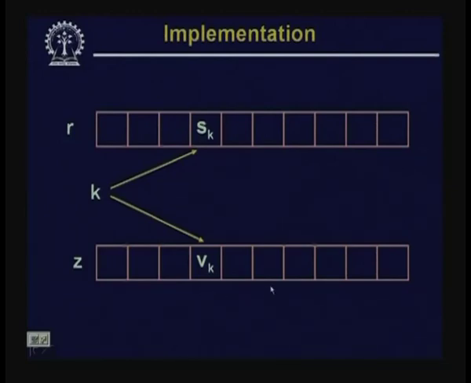Now, in the first case it is very simple, I know the value of r_k, so I can find out the corresponding value of s_k from this array. But the second one is an inverse operation. I know s_k, or as we have equated s_k to v_k, I know what v_k is. Now, from this v_k, I have to find out the corresponding value z_k. So, this is an inverse problem, and to solve it we have to go for an iterative solution approach. We can obtain the iterative solution in this form.